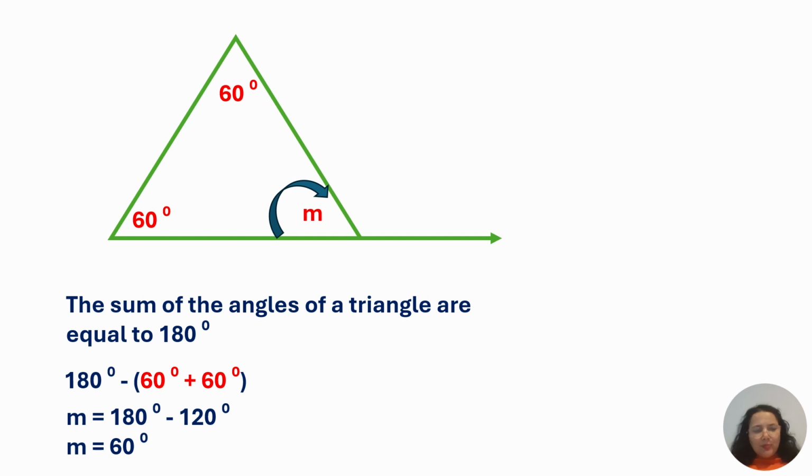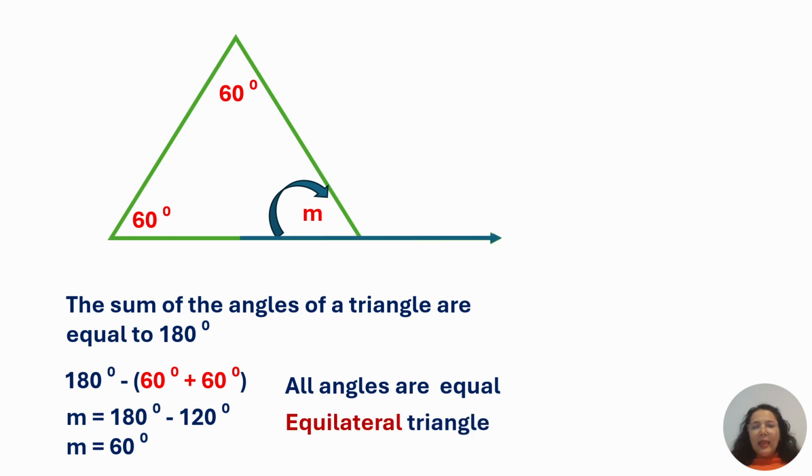But now they want to complicate your life further and say, no, now that you know what angle M is, please calculate angle N. But before we go there, we say a triangle with all angles equal is called an equilateral triangle.